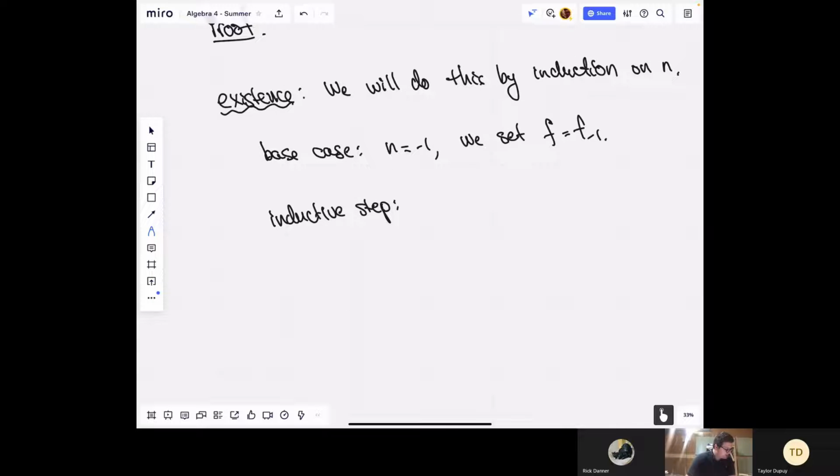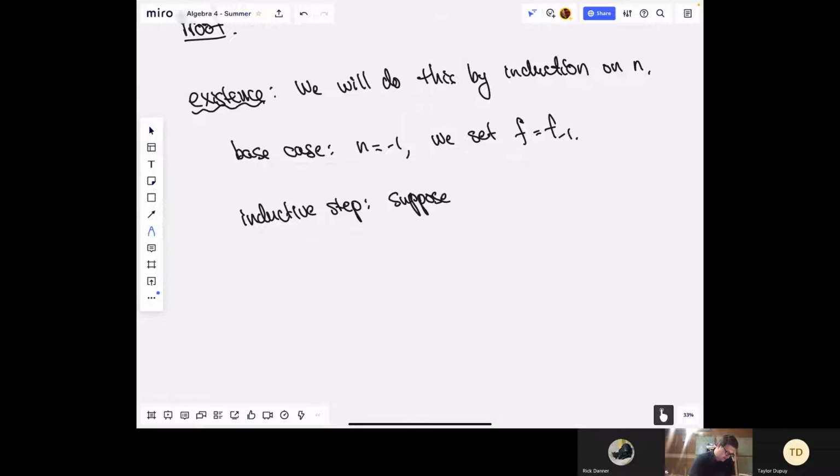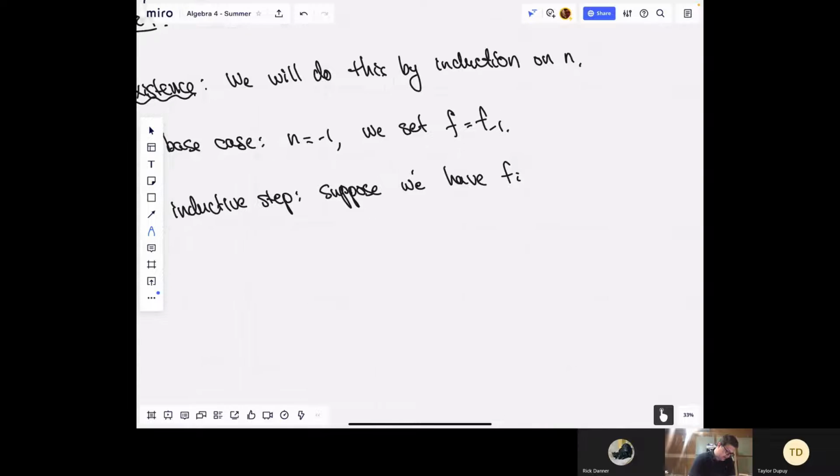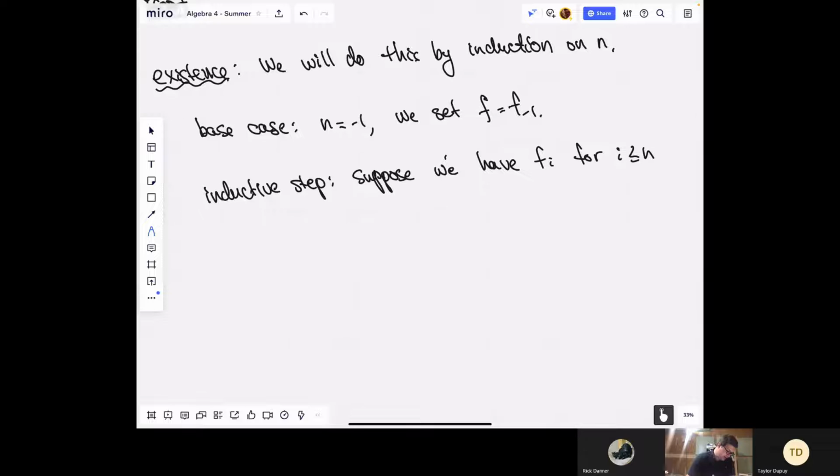Okay, so suppose we have fi for i less than or equal to n. Okay, so here we'll have Pn, Qn, we have Fn. So we have maps like this. Okay, Qn minus 1.